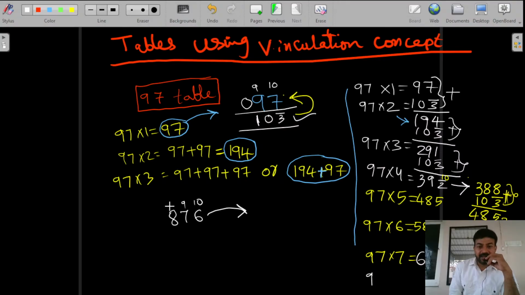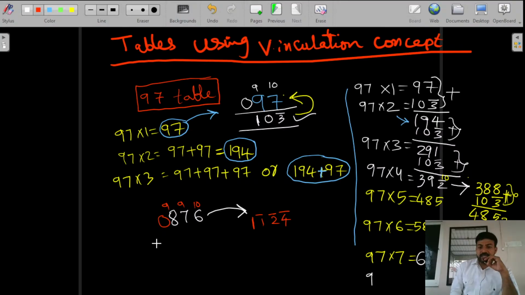All from 9, last from 10. 10 minus 6 is 4, 9 minus 7 is 2, 9 minus 8 is 1, and assume there is a 0 before 8, so take the successor of 0, which is 1. So the vinculated form of 876 is 1 bar 1 bar 2 bar 4.